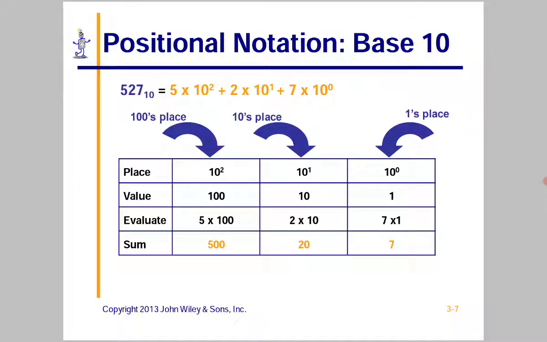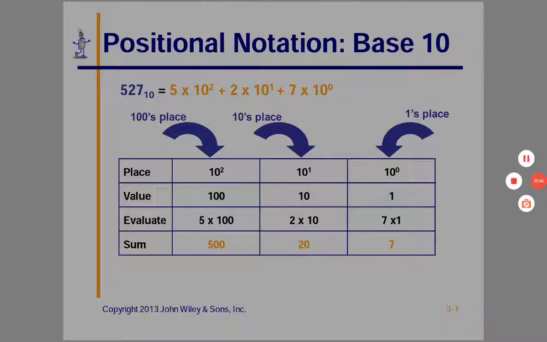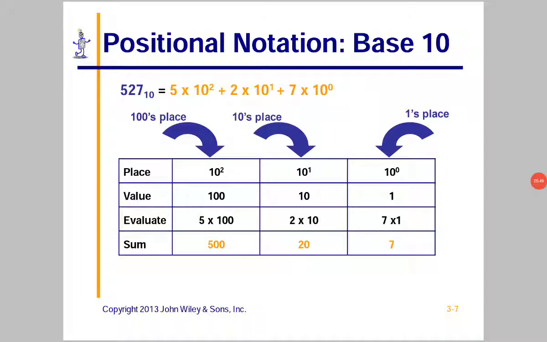So positional notation. What is positional notation of base 10? Positional notation means how a number is formed using its own decimal system. For example, decimal 527 is formed like this.